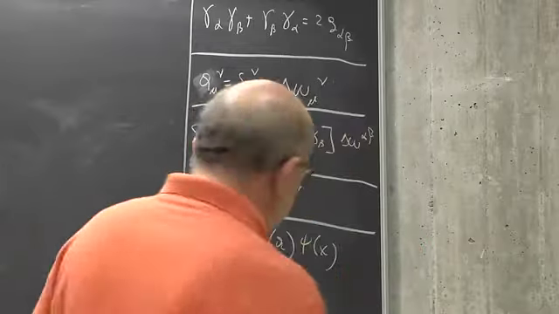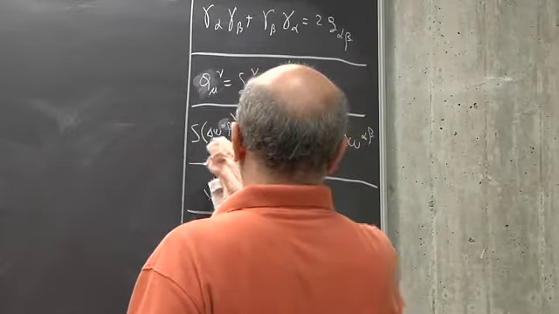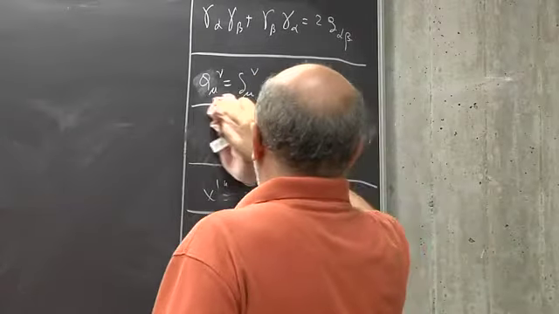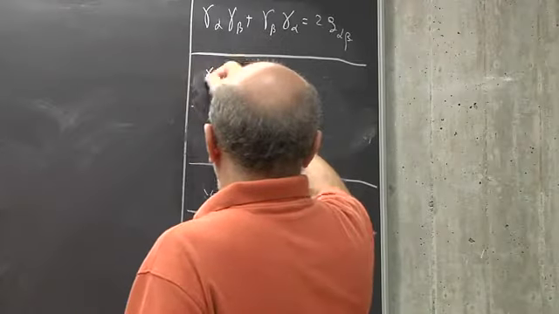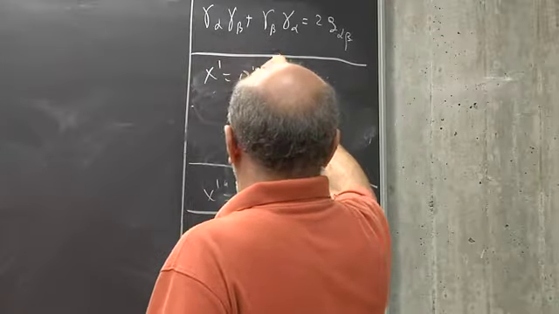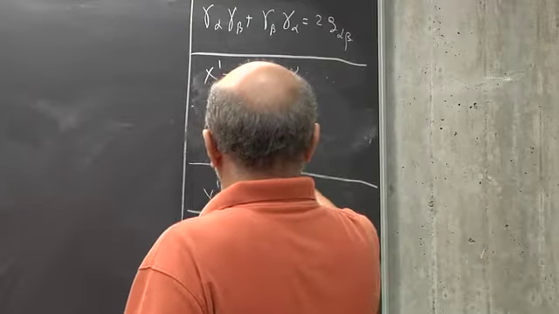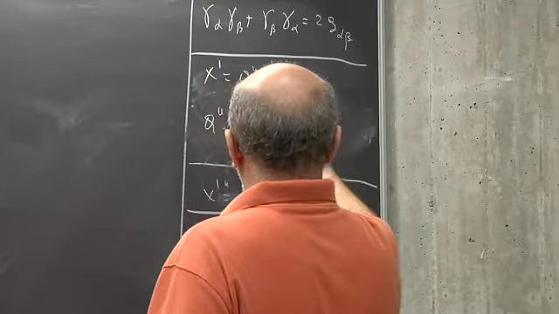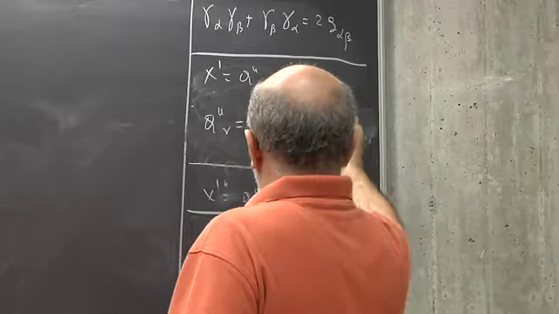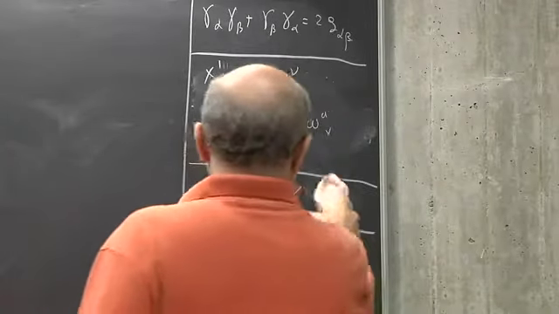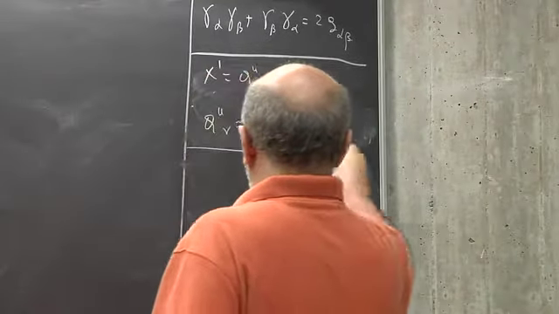Let me write in a more coherent manner: x prime is equal to A mu nu x nu, and the infinitesimal transformation we write as delta mu nu plus delta omega mu nu. So this is the space-time transformation.